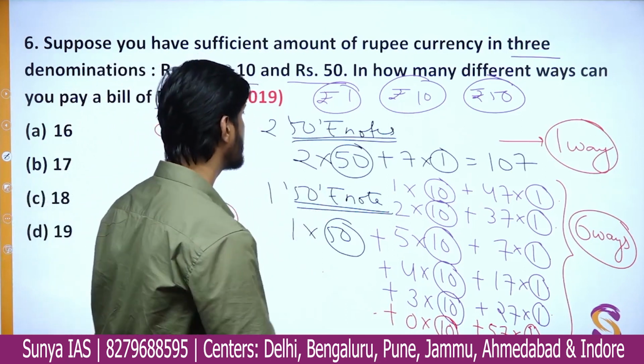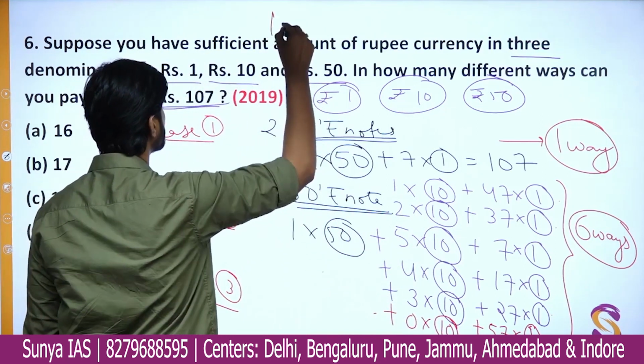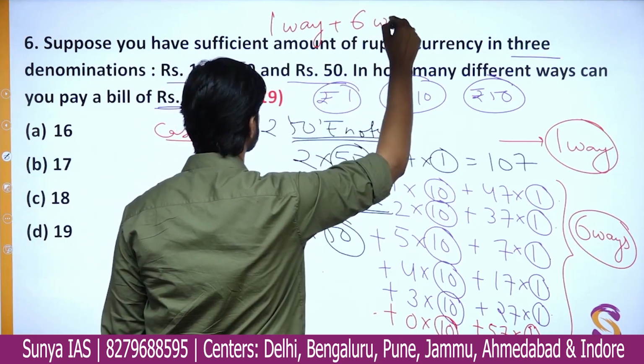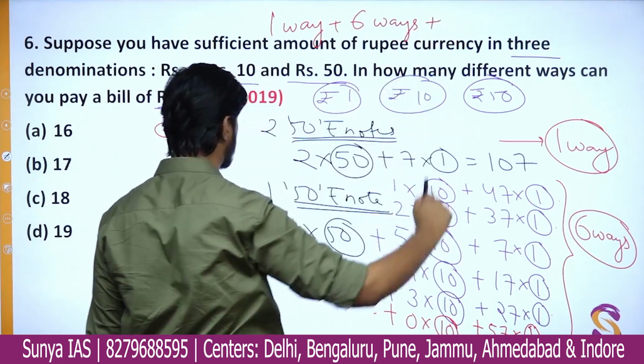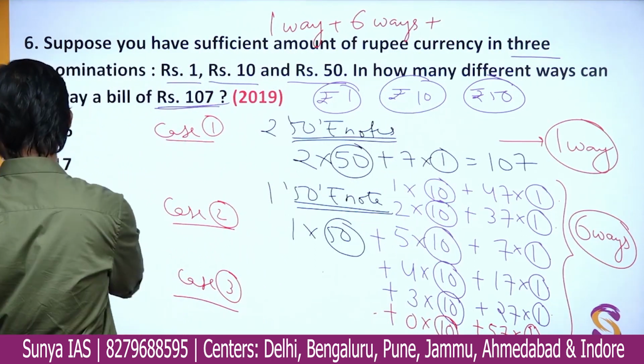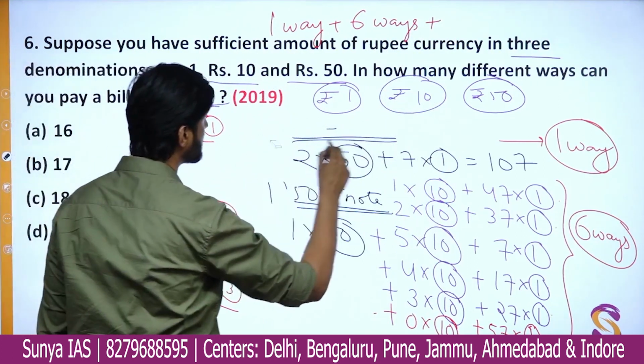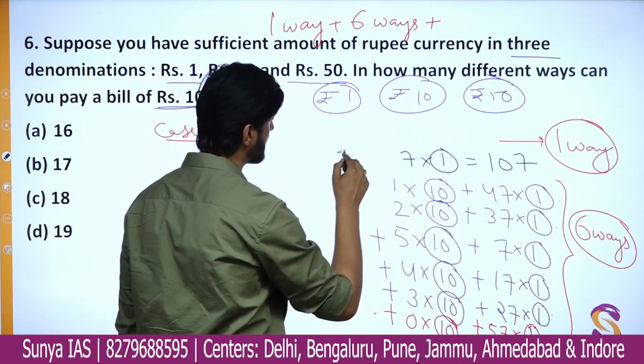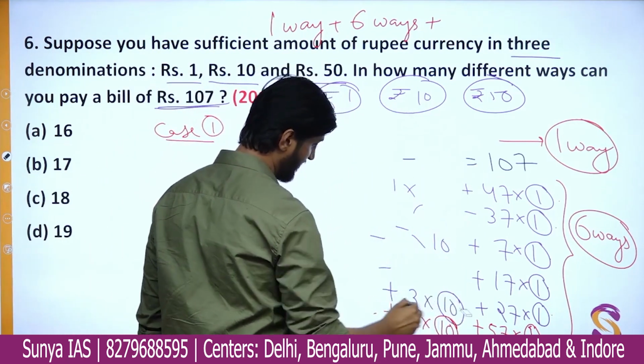Okay, so if we take out the sum, so far we have 1 way plus we have 6 ways. And now let us talk about case 3, and you can easily guess what case 3 is going to be. Case 3 is the case in which we are not using any 50 rupee note.